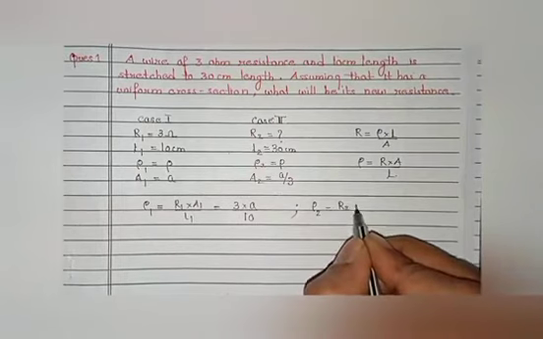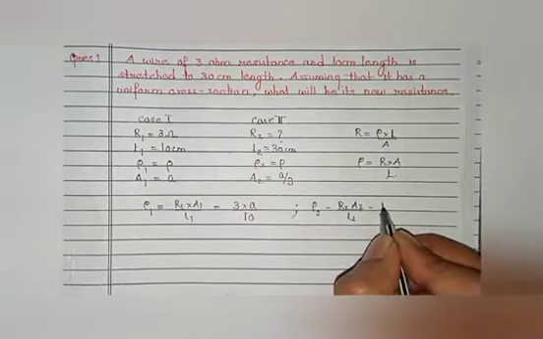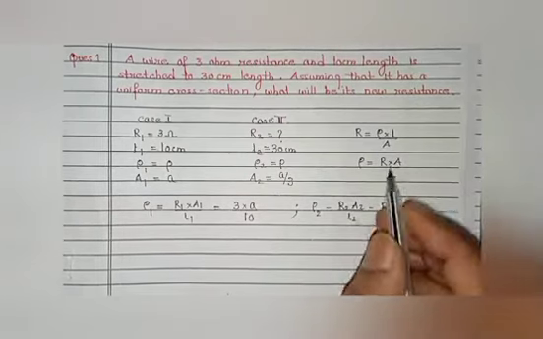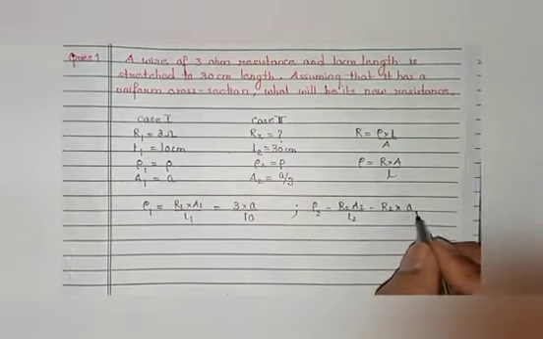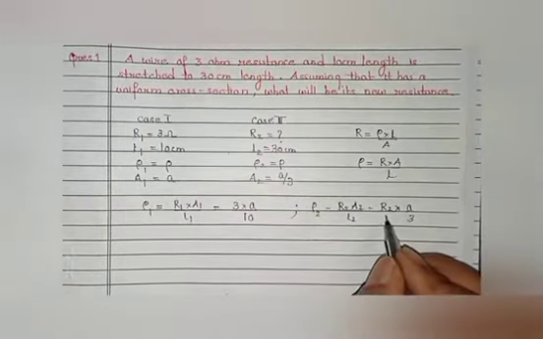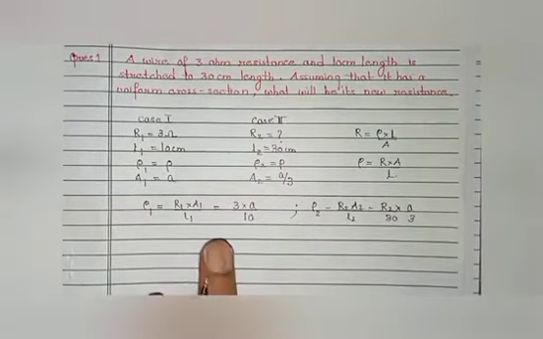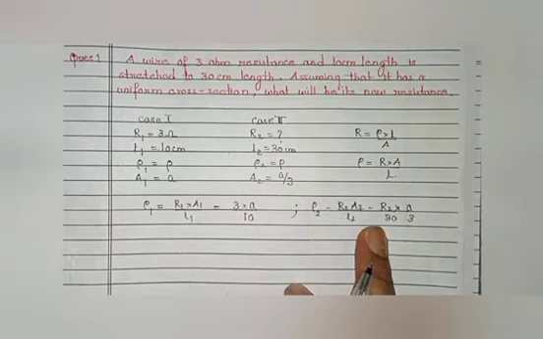R2 into A2 upon L2. R2 is unknown to us. Area we have taken as A by 3, so area is A by 3 upon the length. Length is 30. So upon 30. So we have got resistivity in case 2.